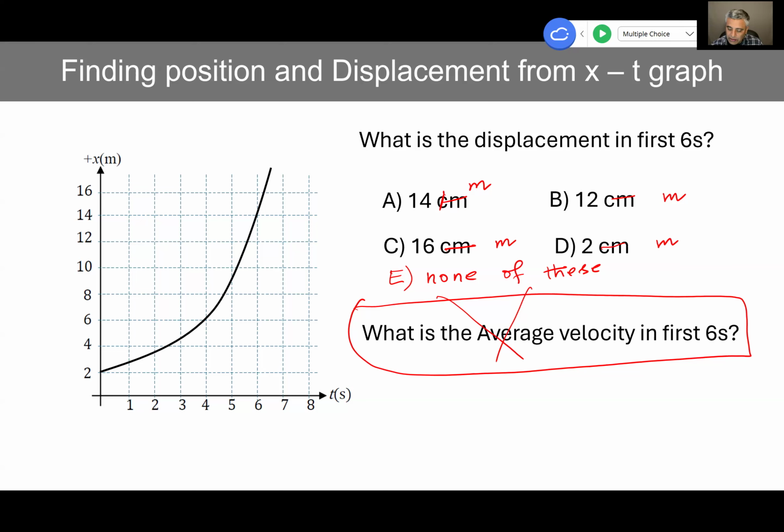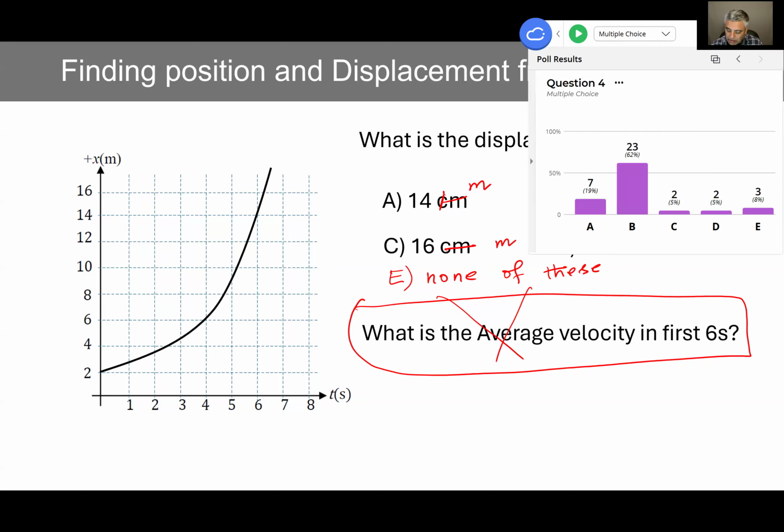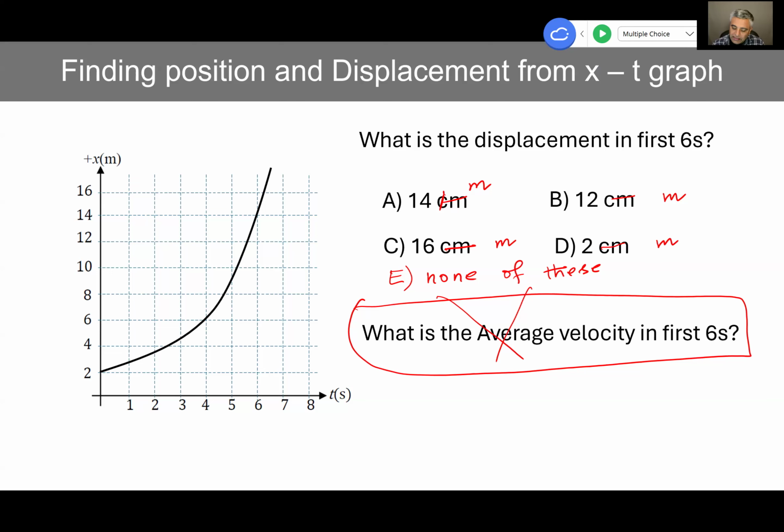Okay, let's see what we got. So we got all of them. There are mostly B and A. So displacement means what? Whenever you are asked to calculate displacement, which is change in position, it is final position minus initial position. It says the first 6 seconds, so we are going from 0 seconds to 6 seconds.